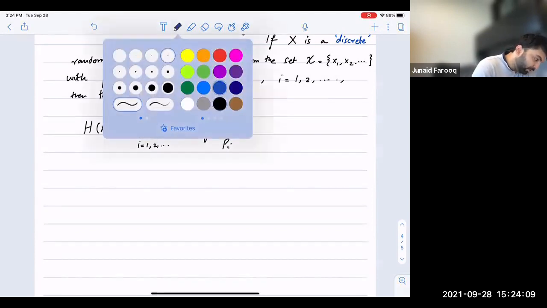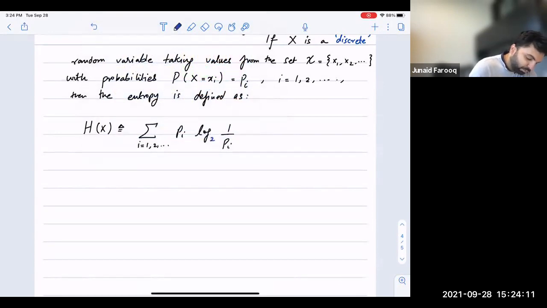So this is the log 2, and we use the base 2 to represent the information content in bits.